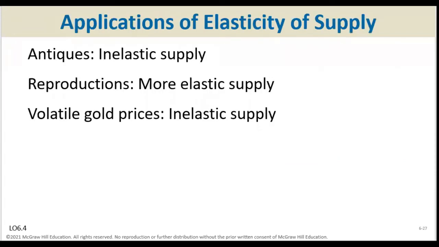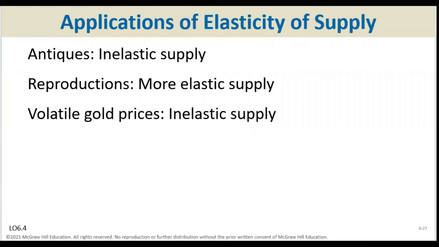So, applications for elasticity of supply: antiques and non-reproducible commodities like gold, those things that are unique, have an inelastic supply because they are unique. You cannot replicate them. But if there's a reproduction, something that you can reproduce, the supply is not inelastic anymore.